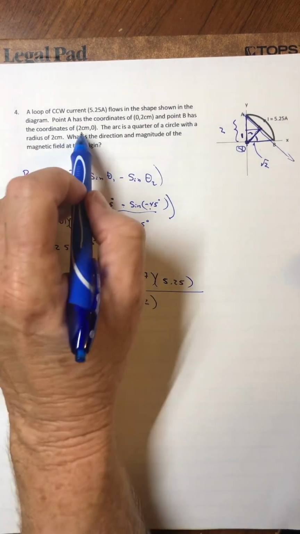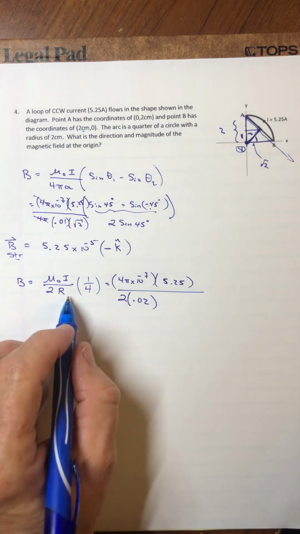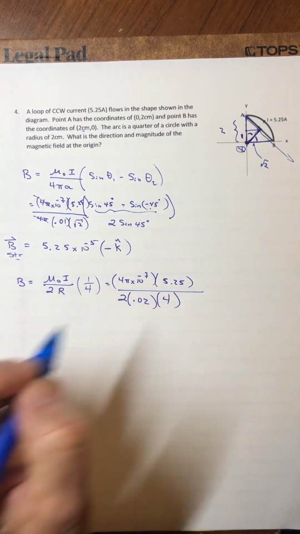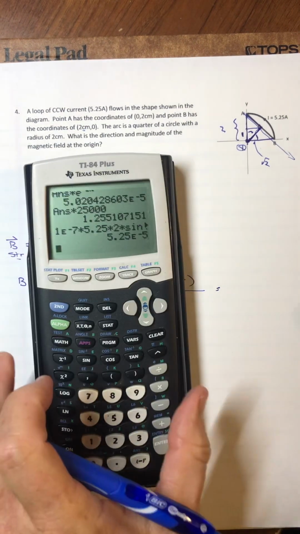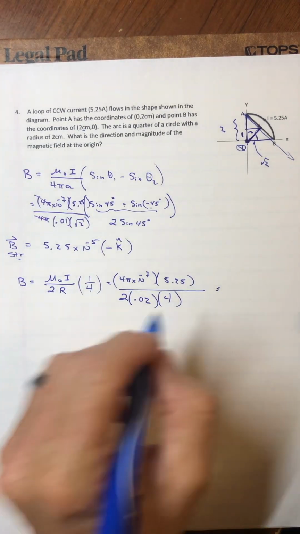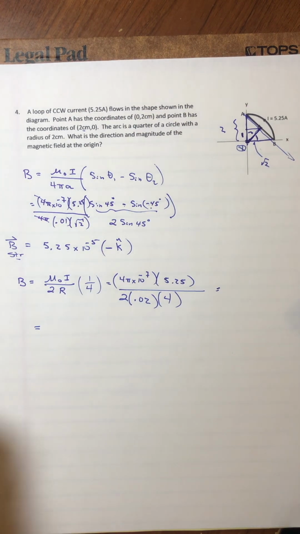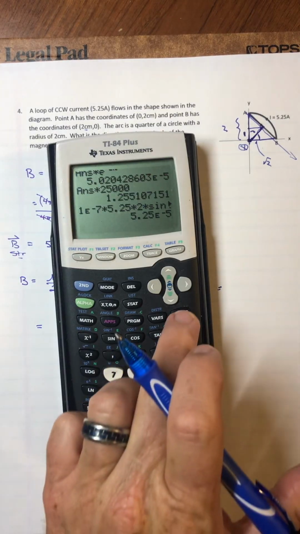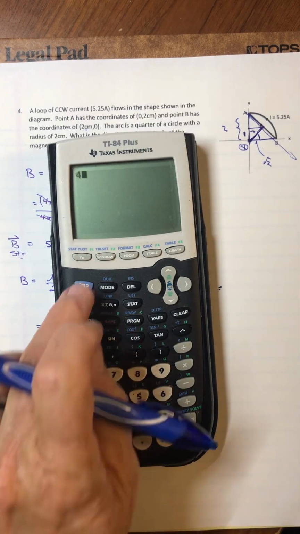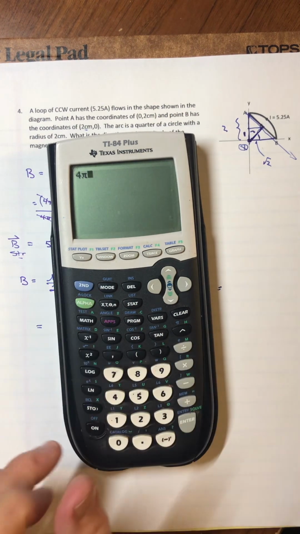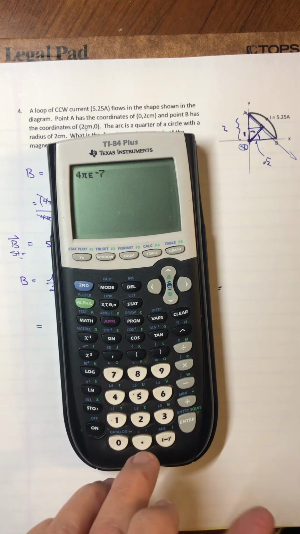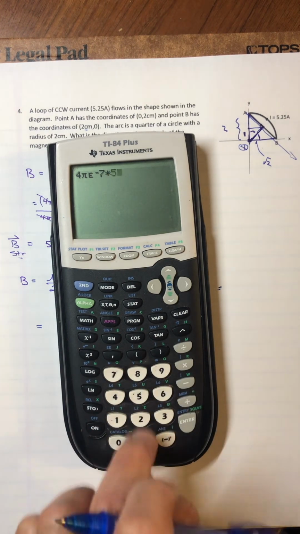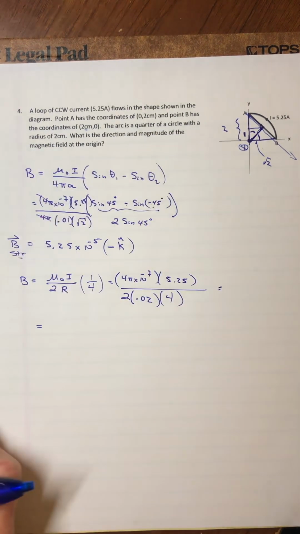That was given in the problem, the 2 centimeters. And then we have the 4, which, grabbing a calculator, maybe I'll just put it down here. I have my 4 pi times 10 to the negative 7 for the permeability of free space.